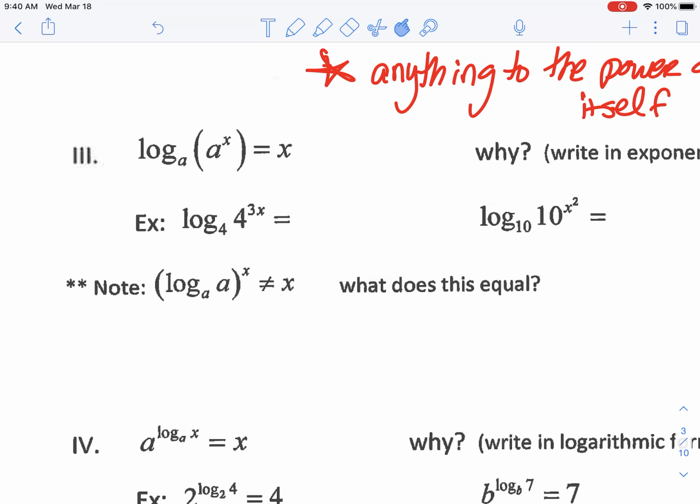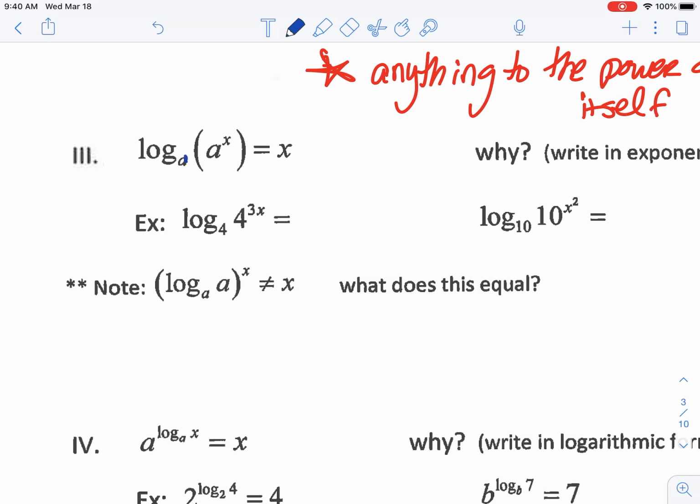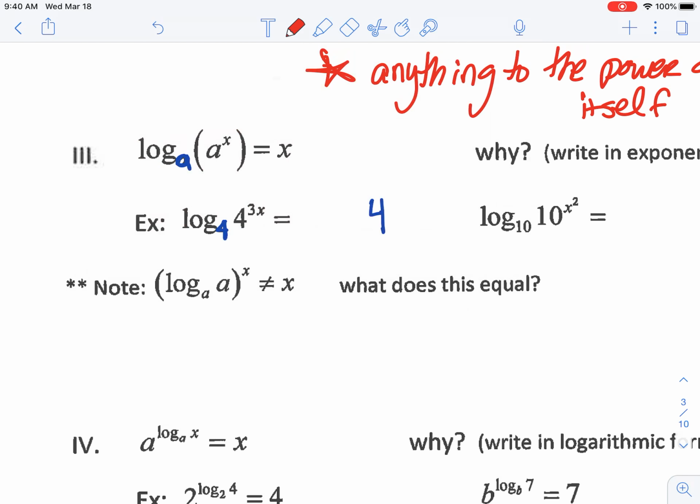So then I get some craziness going on. So the colors are really super important. I'm not using the colors just because, the colors are actually really super important. So my 4 is my base. Then my x right now is my exponent.